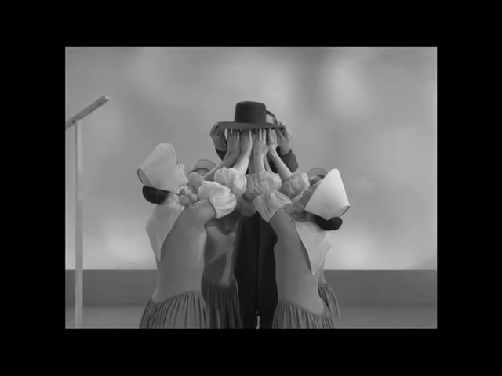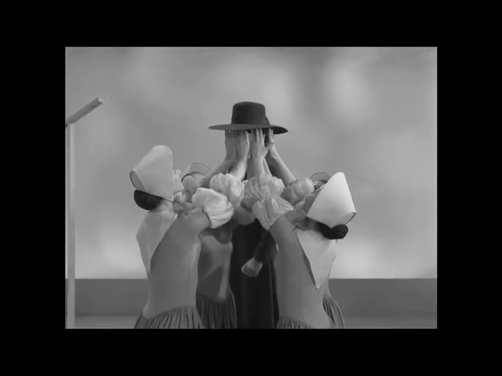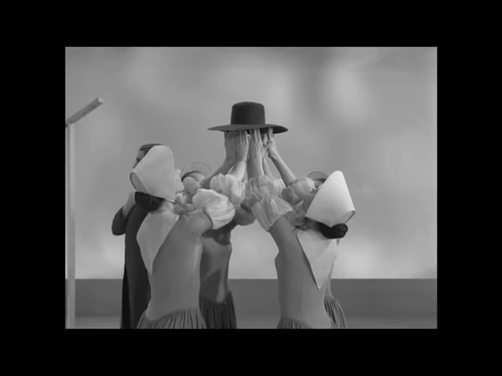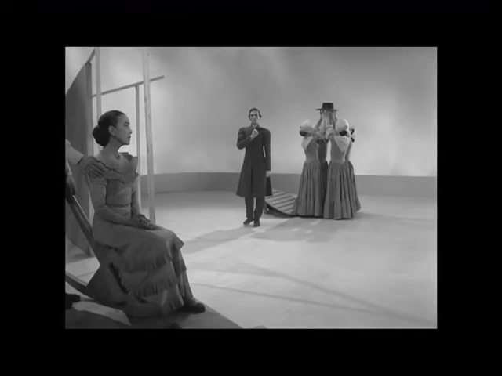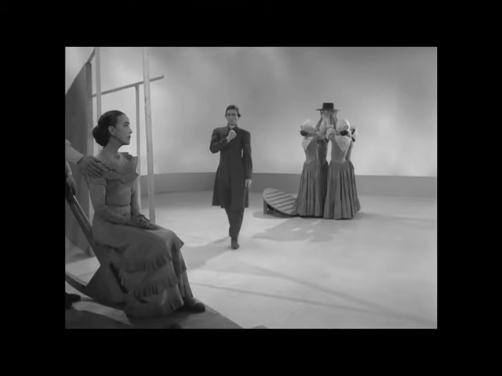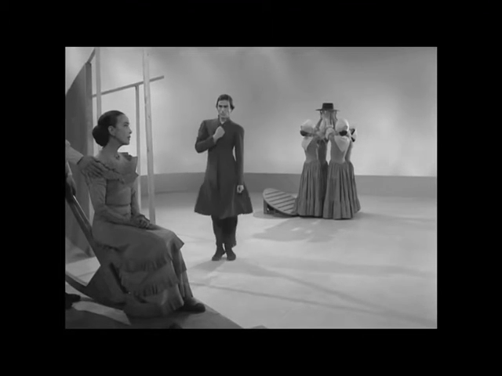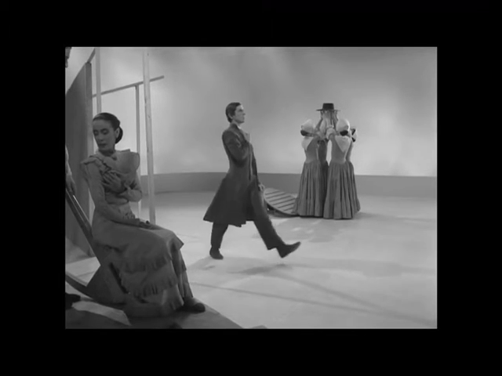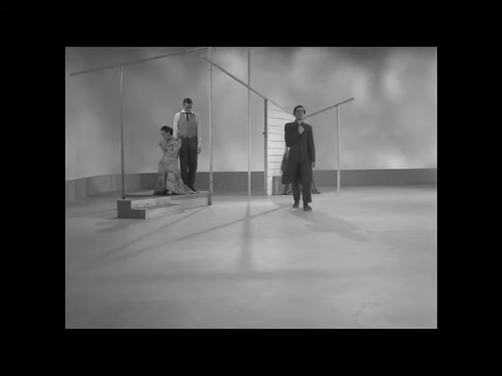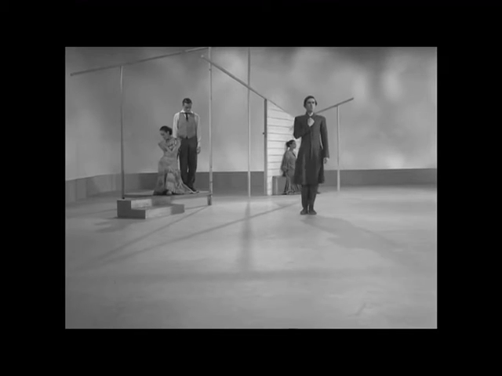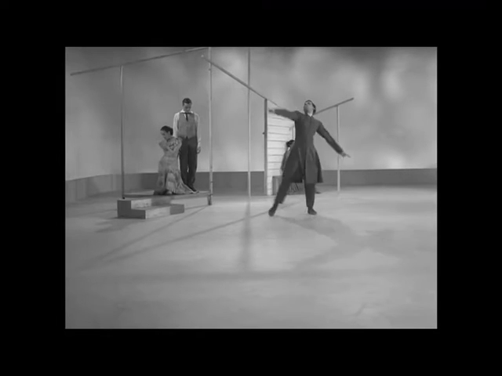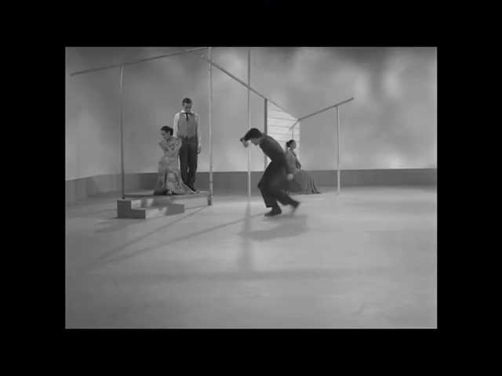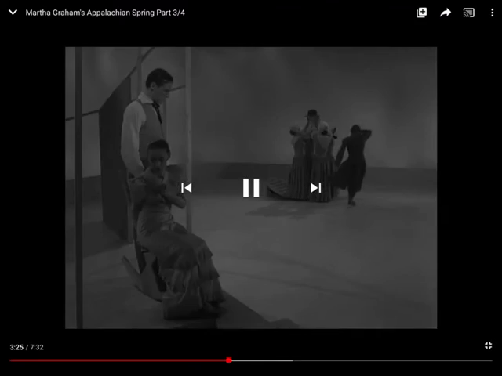Okay, so that's the end of this section of the ballet that uses Simple Gifts. Now we're not going to listen to the rest of this, but this is all Copland's music now, and anything that resembles American folk music that follows is Copland's.